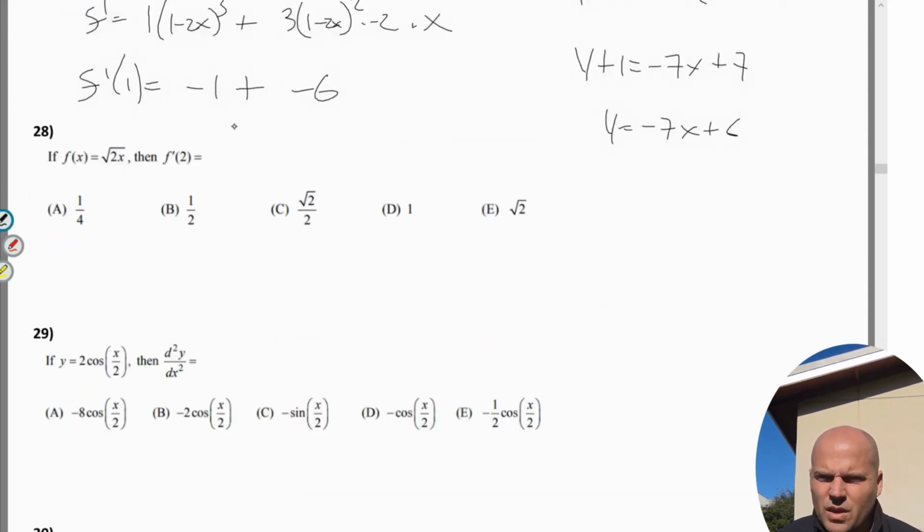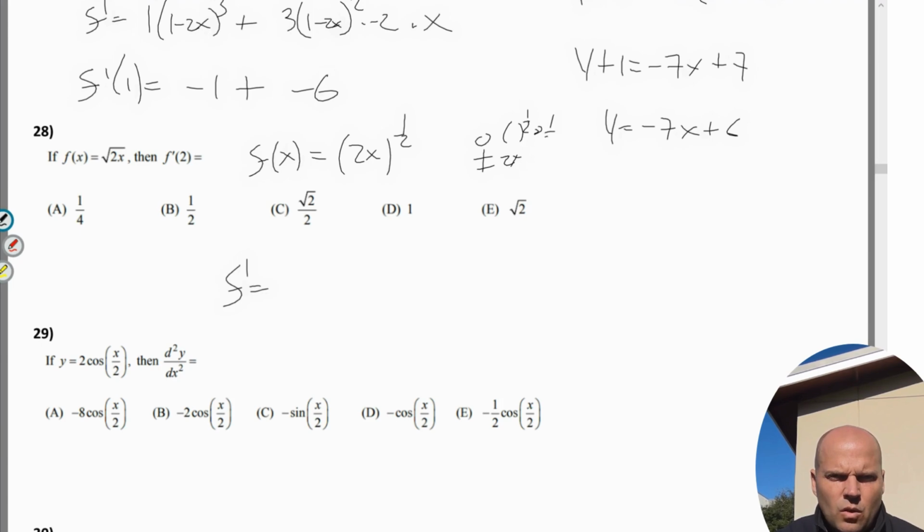Cool. Another O and I. Square roots, you write it as a 1/2 power. O and I it, you get 1/2 to the negative 1/2 and 2. The 2 and the 1 go away. So you got 2x to the negative 1/2.